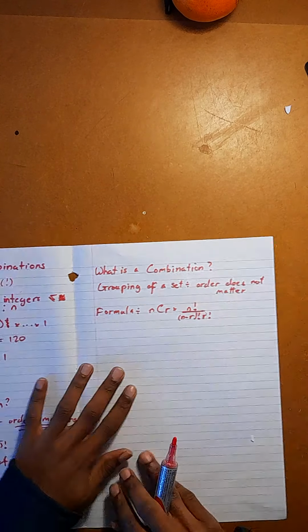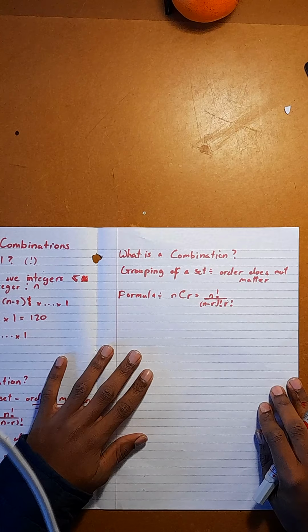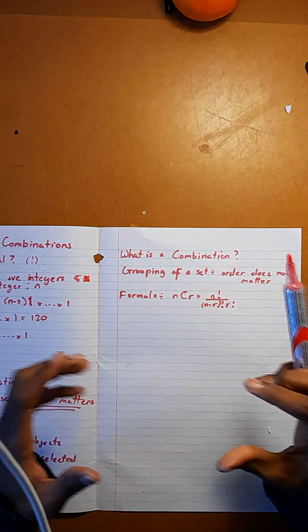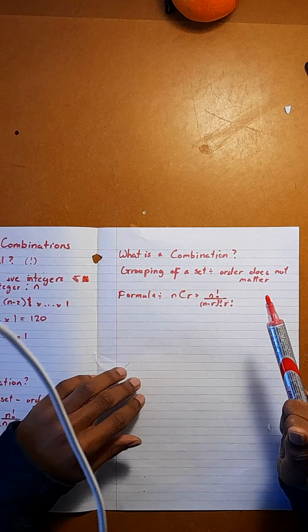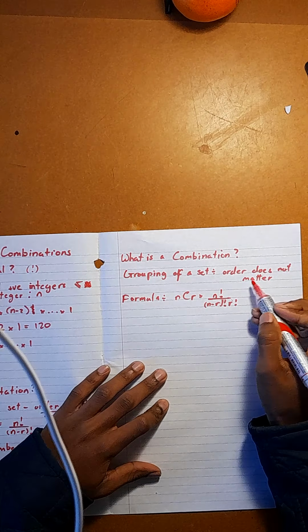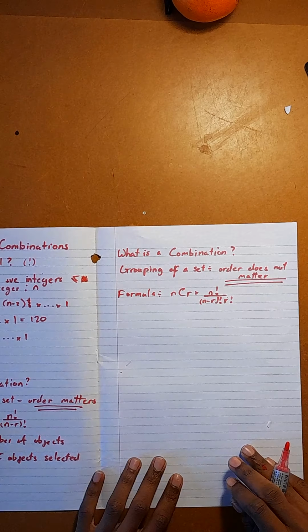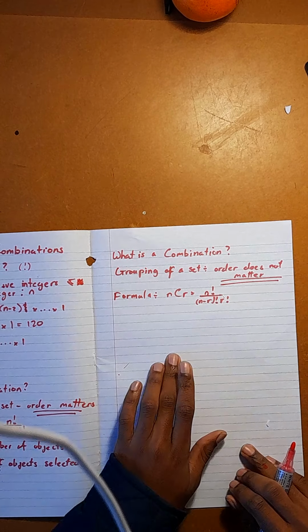Now we can move to a combination. A combination is the grouping of a set or combining of a set. Again, the important distinction is order does not matter. That is the difference between a permutation and a combination.